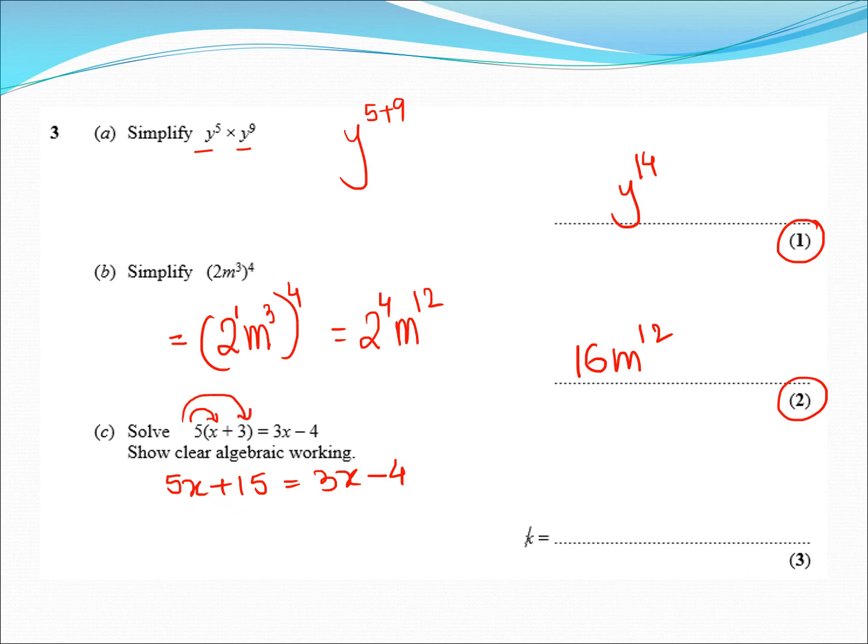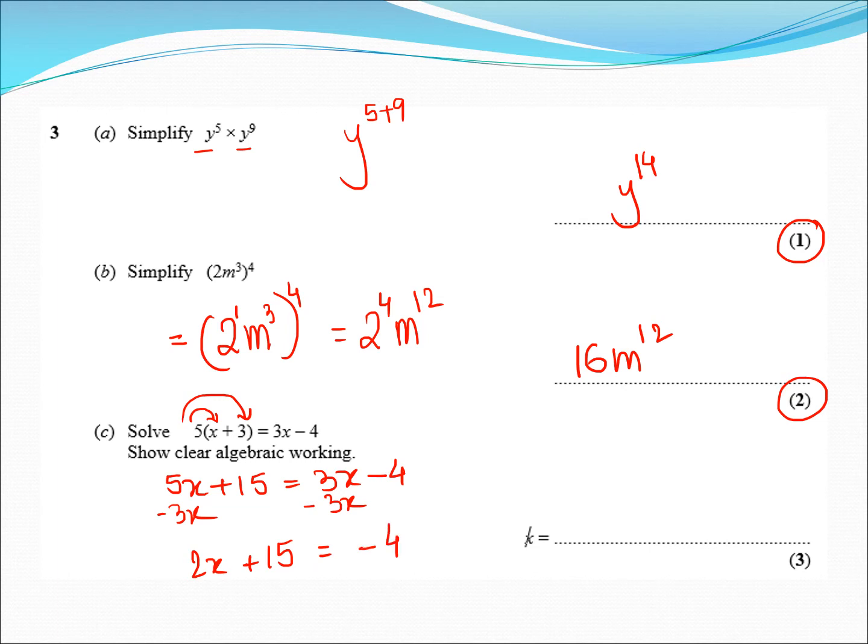Now let's bring the x's on one side, or let's remove the lesser x from one side. The lesser x is 3x, so let's remove it by doing the inverse operation, minus 3x on this side, minus 3x on this side. So 5x minus 3x leaves you with 2x. I haven't done anything with the 15 yet, and that leaves you with negative 4.